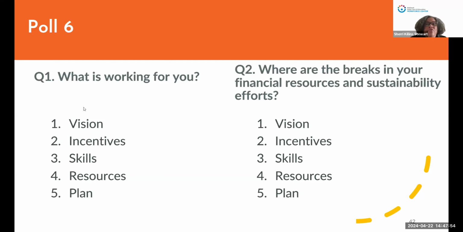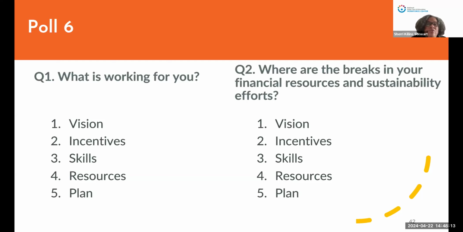And when I asked you where are the breaks, 21% are saying vision is a break, 46% are saying incentives are a challenge, and 67% are saying resources are a challenge, feeling like the skills are there and there is potentially a plan.